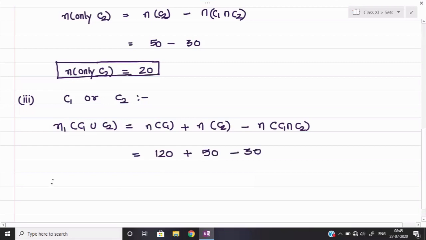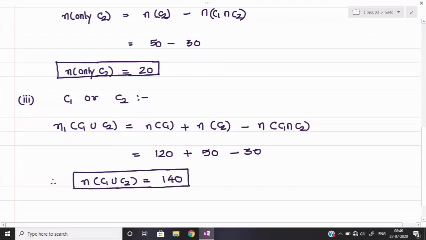So N of C1 union C2 would be equal to 140 persons. Meaning in these 140 persons, they are affected either by C1 or by C2 or by both. There will be three conditions. Okay, C1 union C2, or union between any two groups, shows they are affected by anyone or by both.